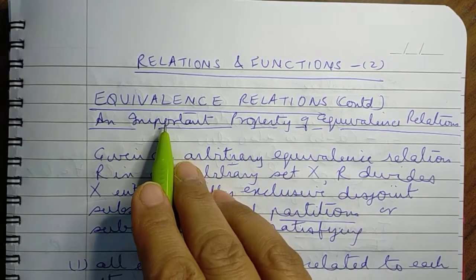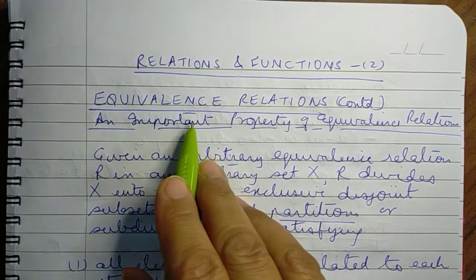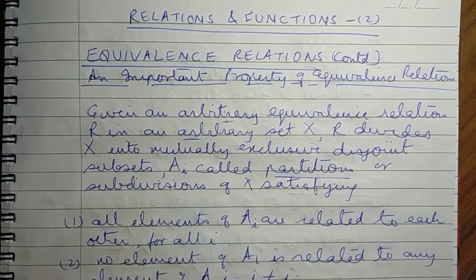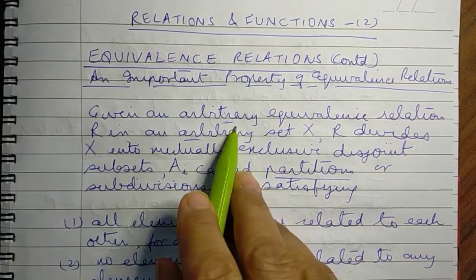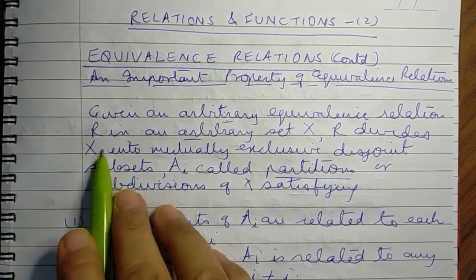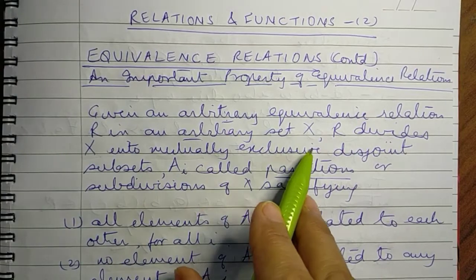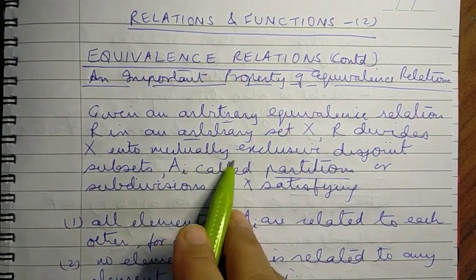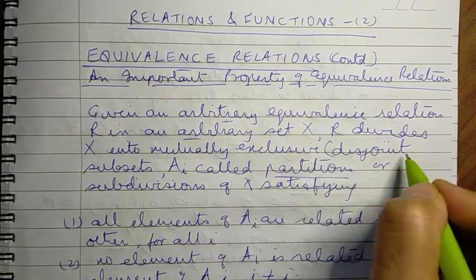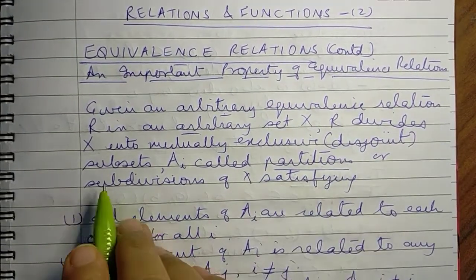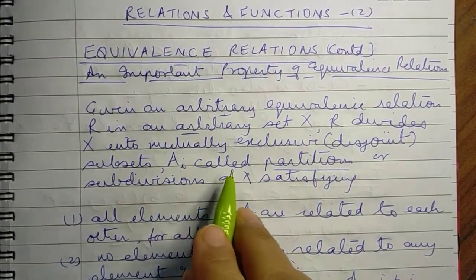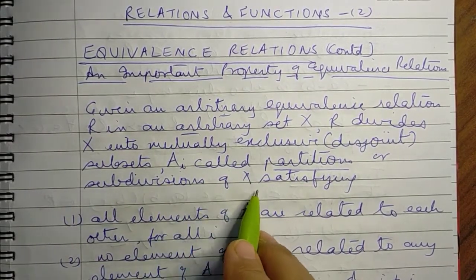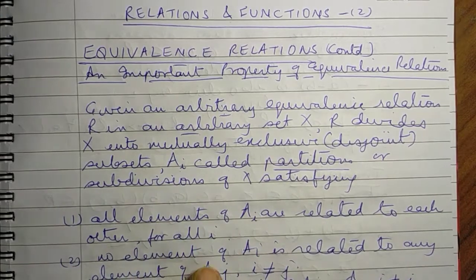Now let us proceed with the property which I was just referring to, which says that given an arbitrary equivalence relation R in an arbitrary set X, R divides X into mutually exclusive, or disjoint, subsets Ai called the partitions or subdivisions of X, satisfying the following properties.